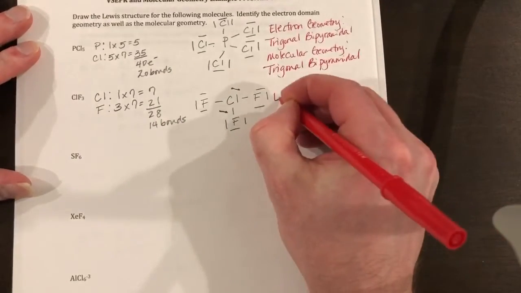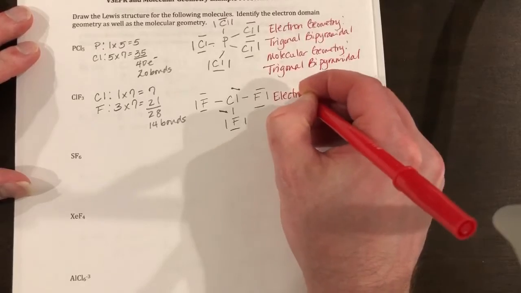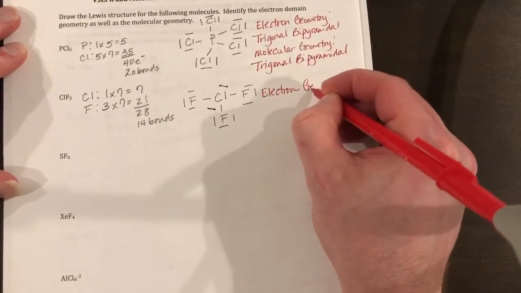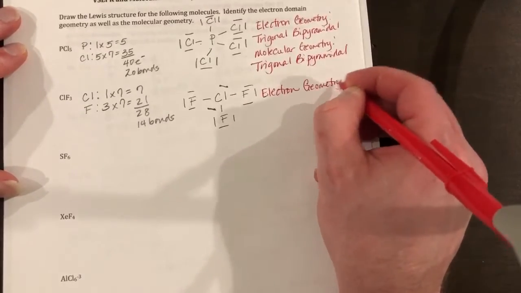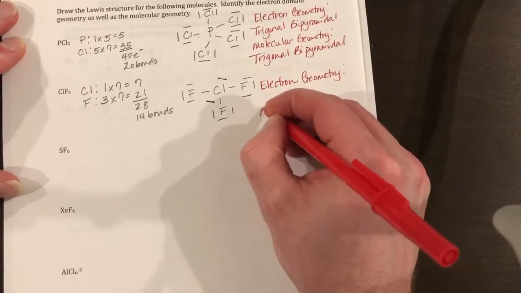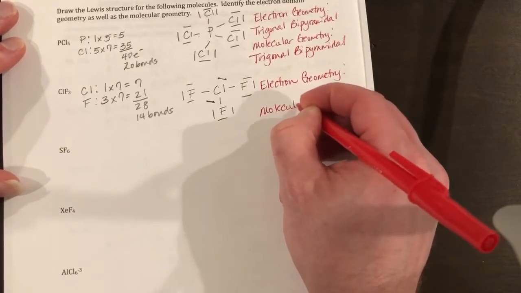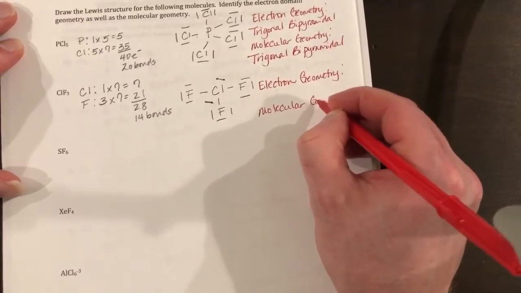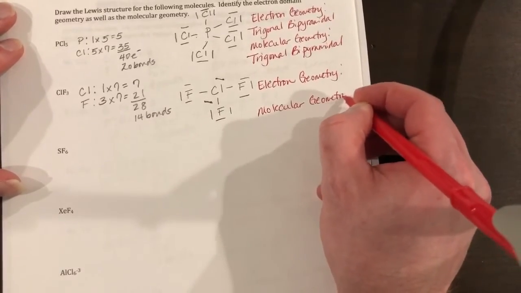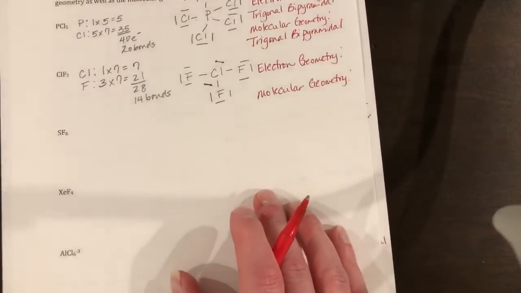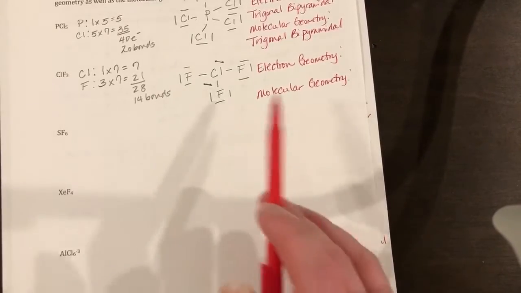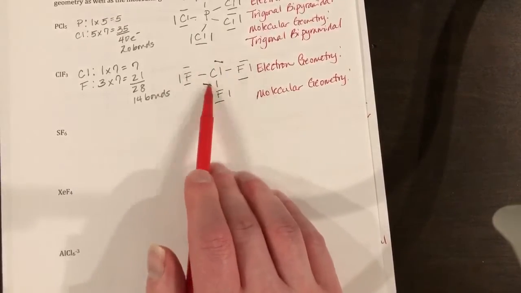Your electron geometry. And your molecular geometry. Okay, so we have how many bonding domains? We got 1, 2, 3, 4, 5.